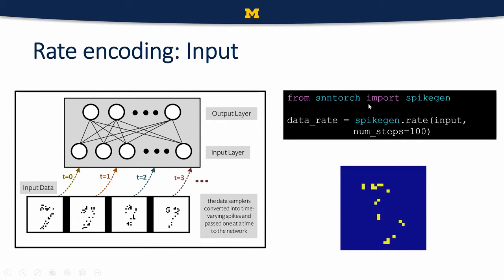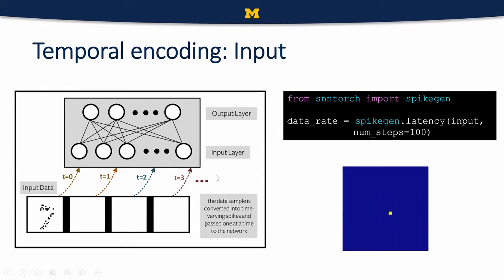All that takes is importing the SpikeGen module from snnTorch, and calling the rate method, passing in your input image with 100 time steps, however many time steps you so desire, and away you go. A similar approach can be taken for temporal coding using the latency function. With temporal coding, more intense inputs, or inputs with a brighter luminance, or whatever your measure of intensity is, are simply going to fire first.